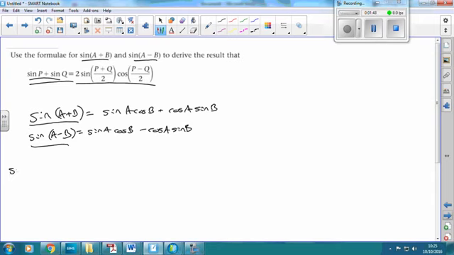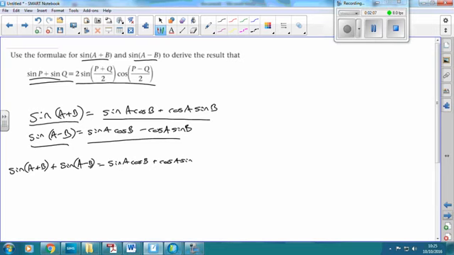So if we do sine of a plus b, plus sine a minus b, that's going to be sine a cos b plus cos a sine b, plus sine a cos b minus cos a sine b.